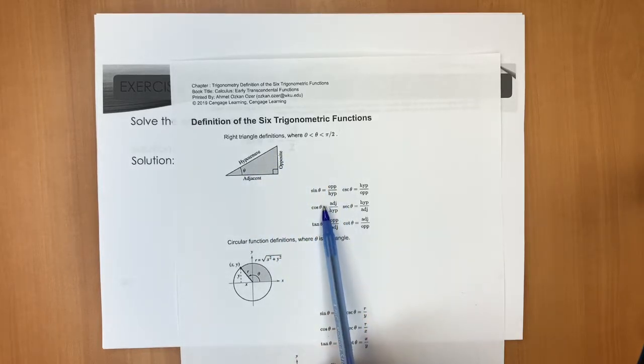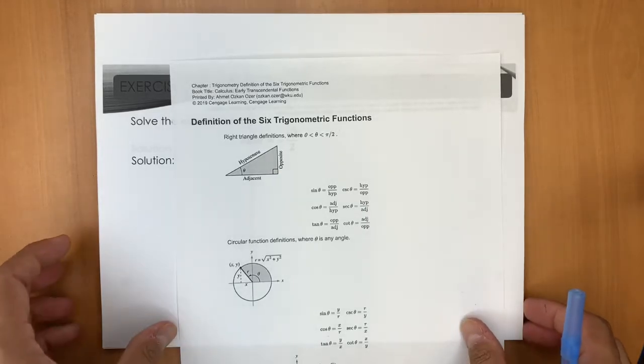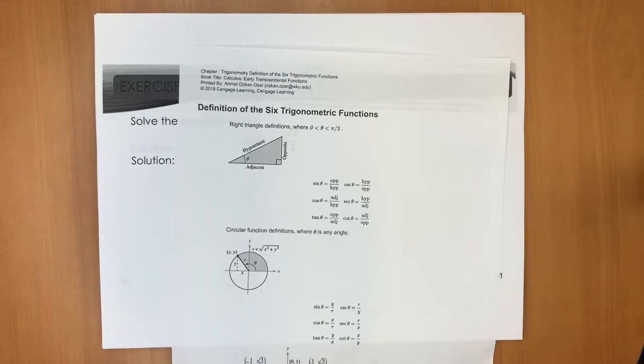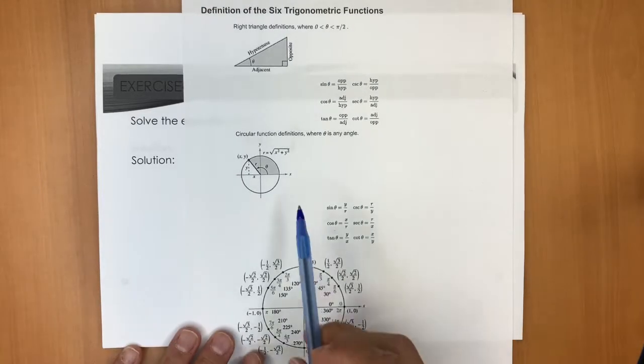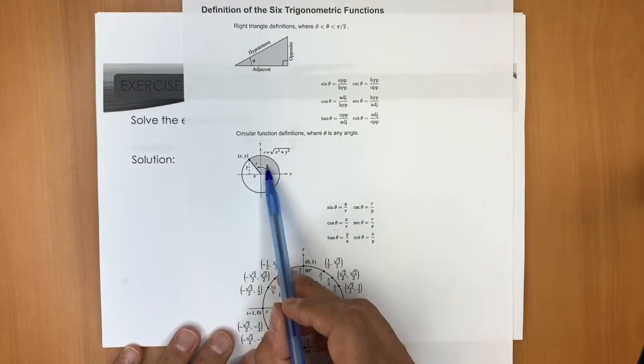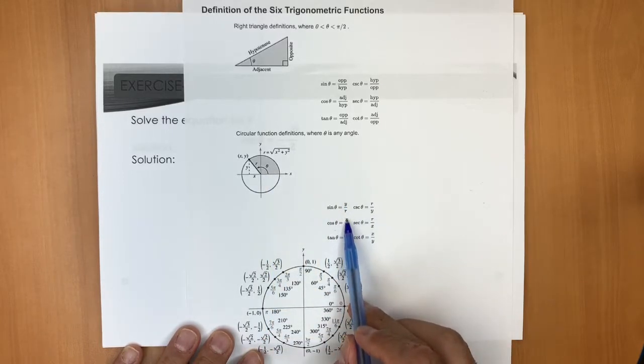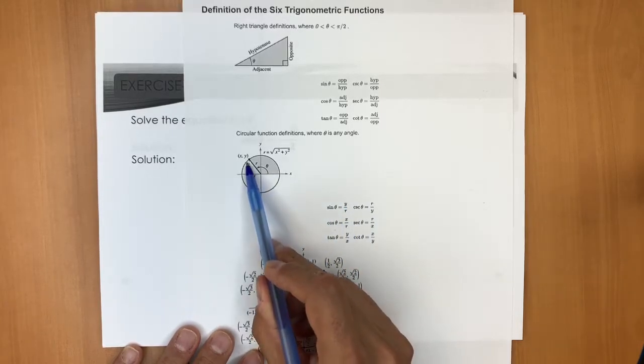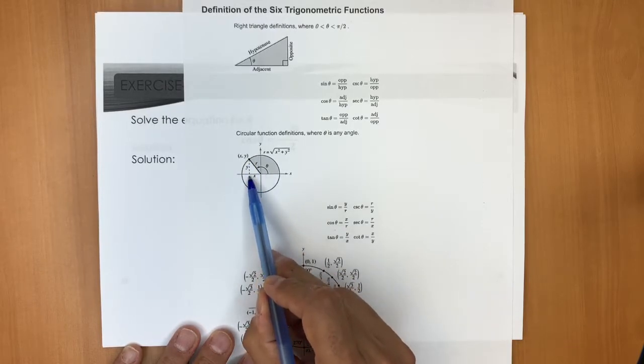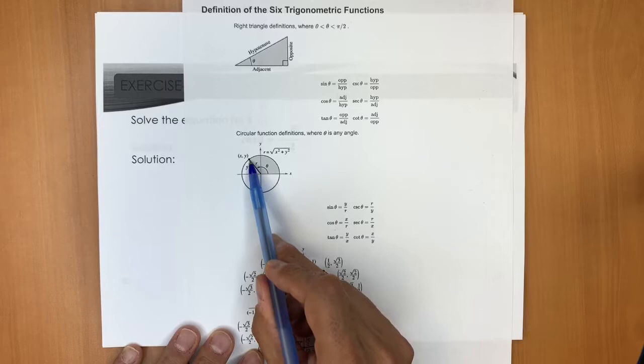In fact, if we go to a circle of radius r, cosine of that angle would be the x-coordinate of this point divided by the radius of the circle.